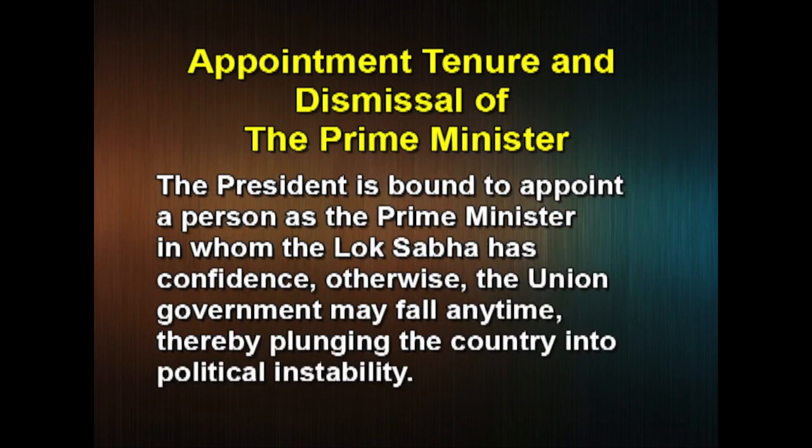The President is bound to appoint a person as the Prime Minister in whom the Lok Sabha has confidence. Otherwise, the Union government may fall any time, thereby plunging the country into political instability.